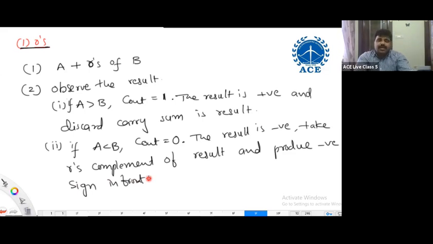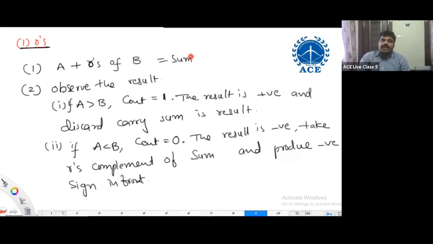If A is less than B, the result is negative. How to get the result or difference? Take R's complement of sum. R's complement of sum. I can say here it is sum also. The sum we are getting because this is sum, A plus R's complement of B. In that, if final carry is there, result is positive.